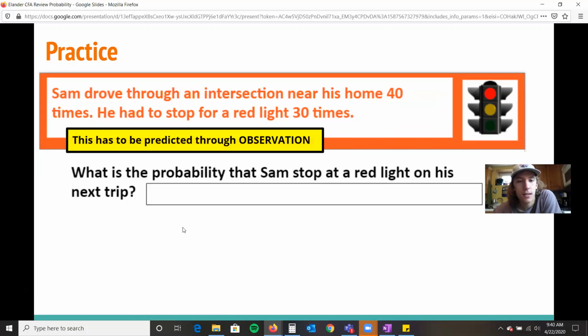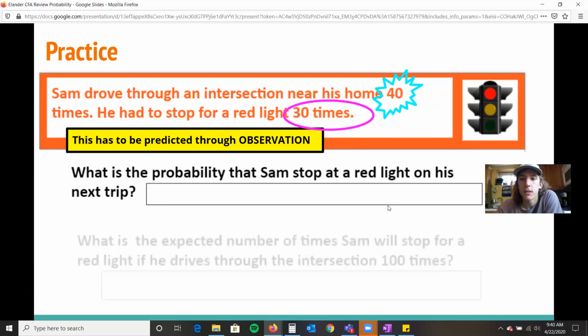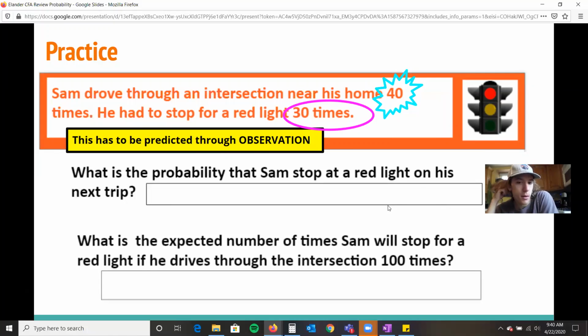Good, that is correct. Okay, so it is going to be 75% because 30 times the event happened out of the total 40. So that means that the probability is going to be 30 out of 40 for his next try, okay? If it's just looking at the next try.